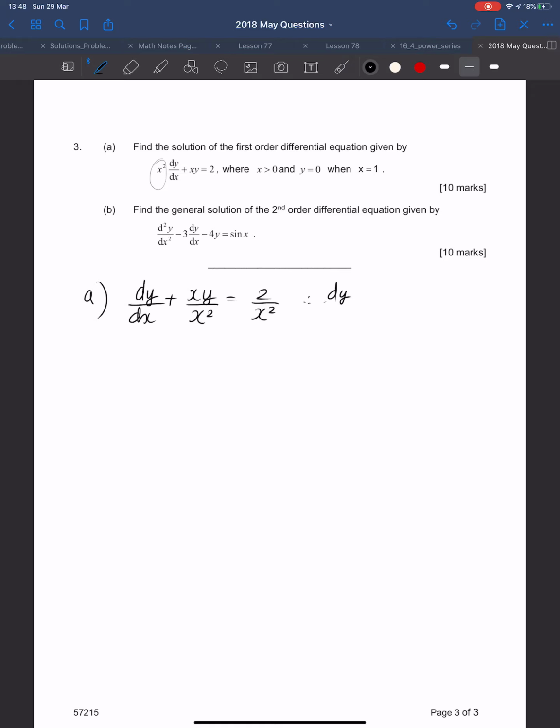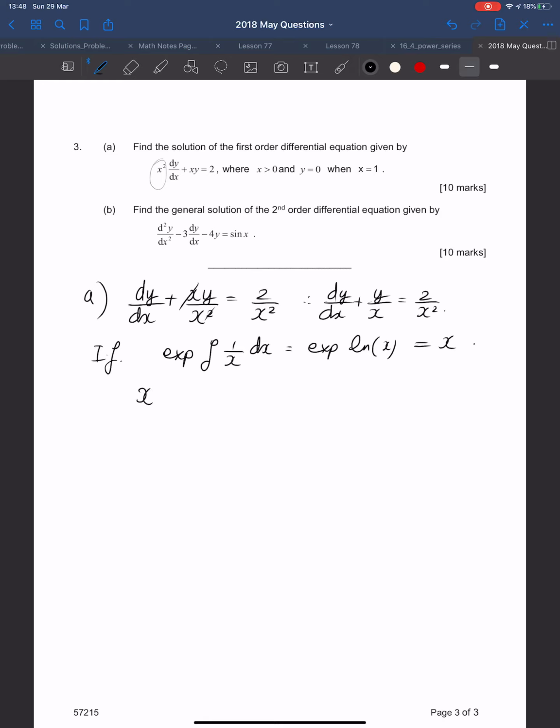So we can say it's dy by dx plus y over x equals 2 over x squared. Then you find the integrating factor. That's the exponential of the integral of the function of x that multiplies the y here. So it's 1 over x dx. So it's the exponential of ln x, which is just x.